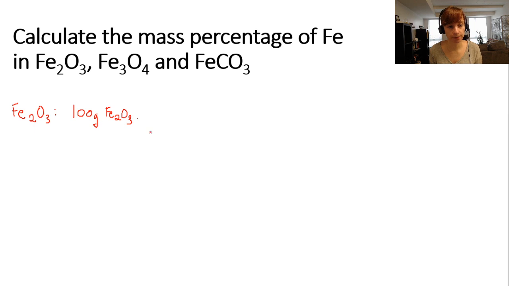So in this case, to go from grams to moles, we need the molecular weight of Fe2O3. The way I'm going to do this is called dimensional analysis. Instead of doing the math step by step, I'm going to write out all the calculations as one row, and then do all the multiplying and dividing at the end.